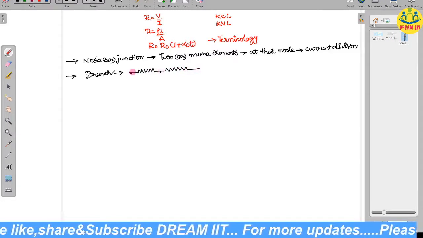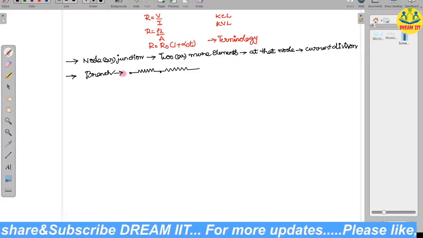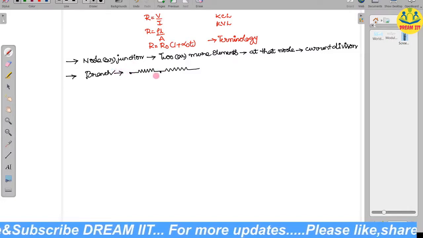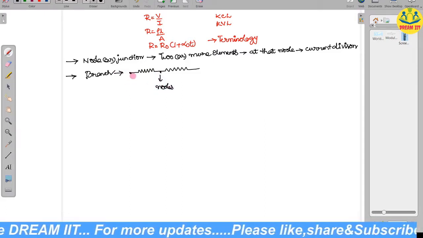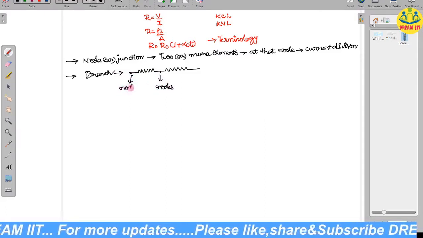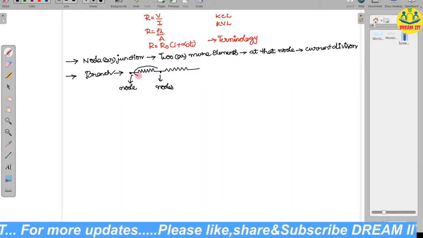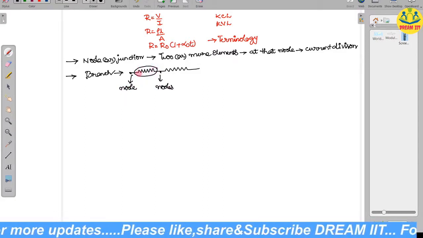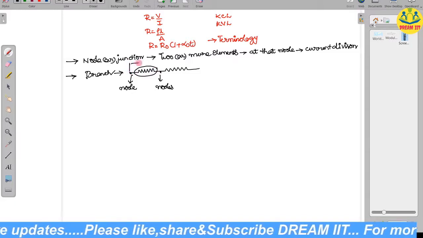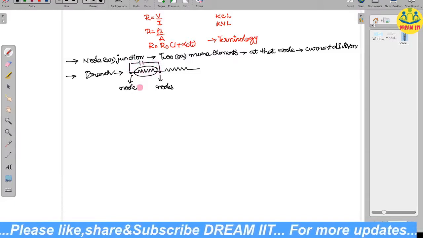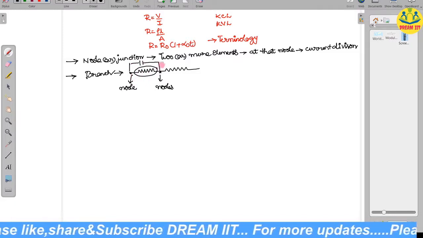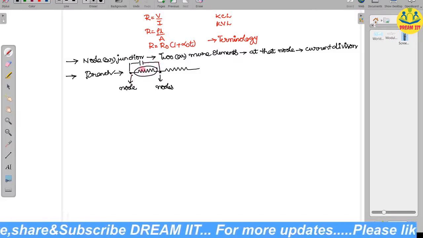A branch can be defined as a number of elements connected between two nodes. Between two nodes you can connect one or two elements. Two elements like this, that is parallel. Whenever you connect one or two elements between two nodes, that is known as a branch. So here, how many branches are there?